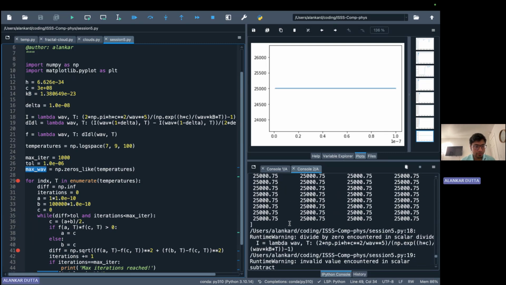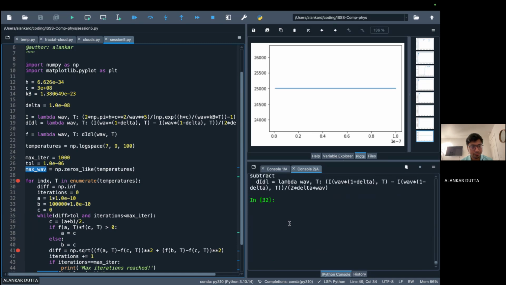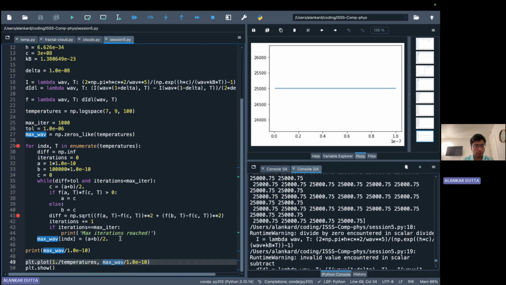So the maximum wavelength is coming out to be something like this, and the number of iterations is coming out to be this. Let's try to do this.